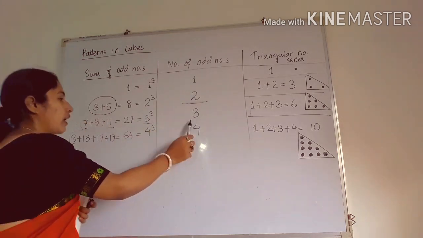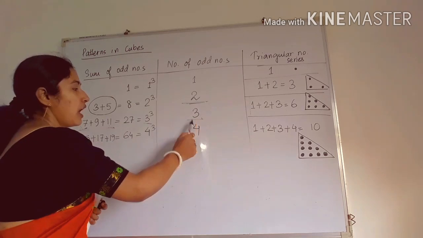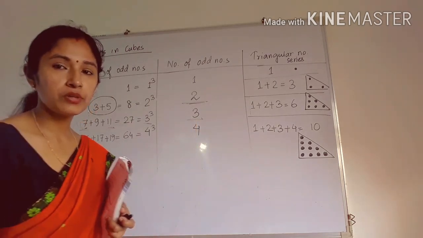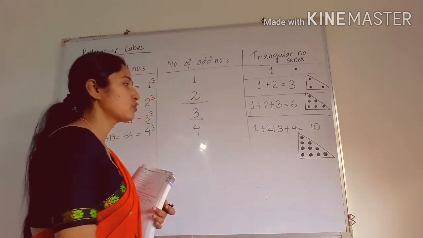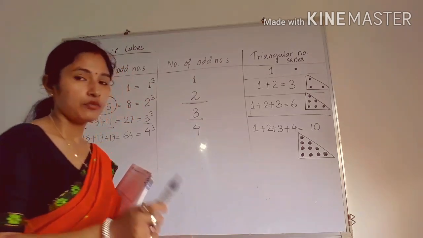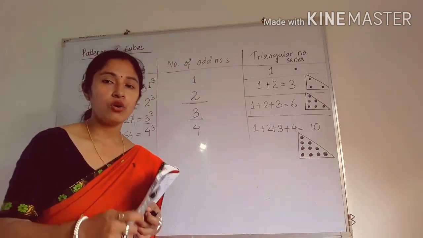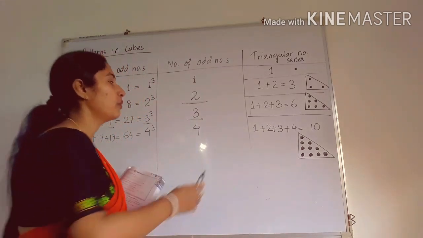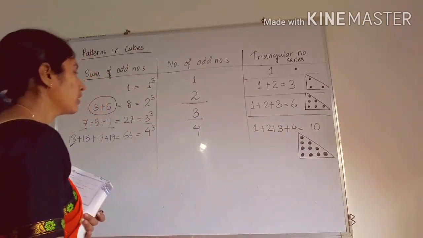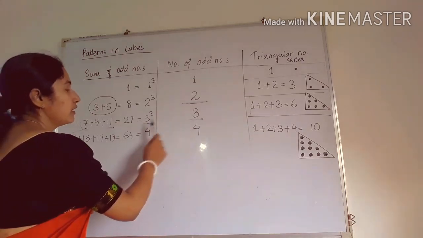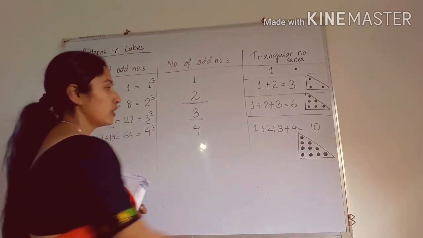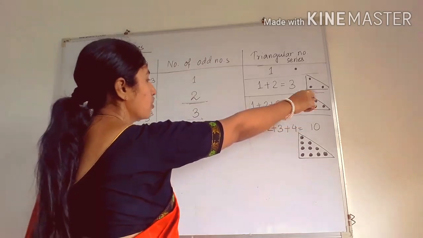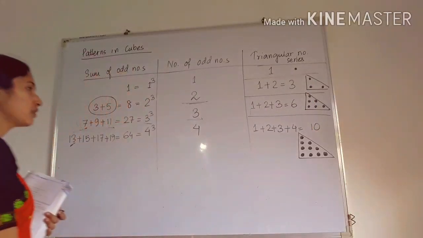Here I am taking 3 odd numbers, and again I have to start from the natural numbers, that is 1. So 1 plus 2 plus 3 I have to sum, all the natural numbers starting from 1 up to 3, because we are taking 3 odd numbers. So 1 plus 2 plus 3 is 6, and we can make a triangular series number.